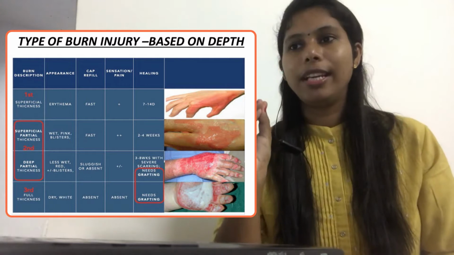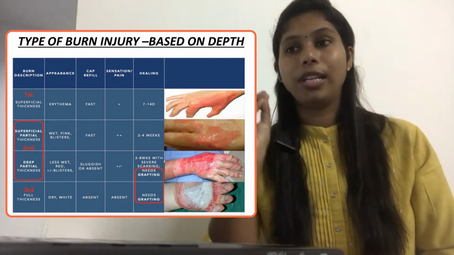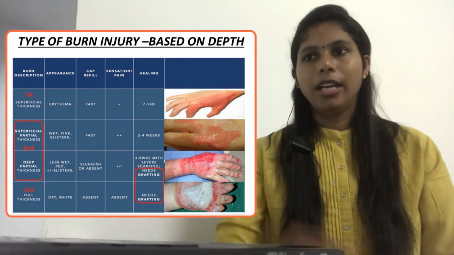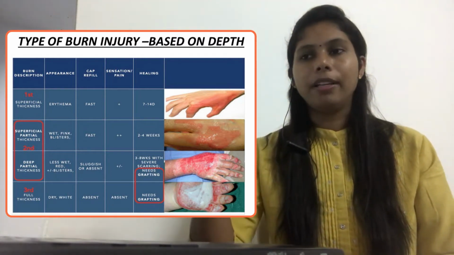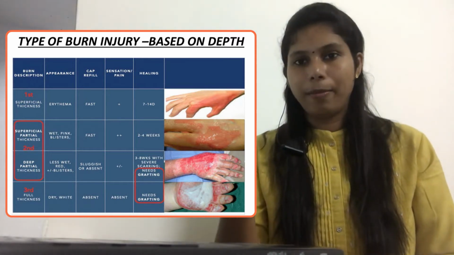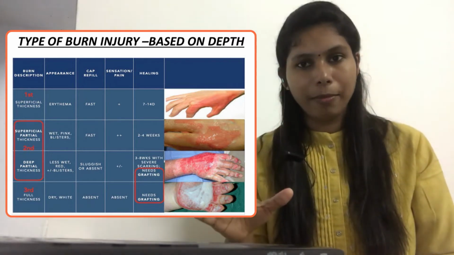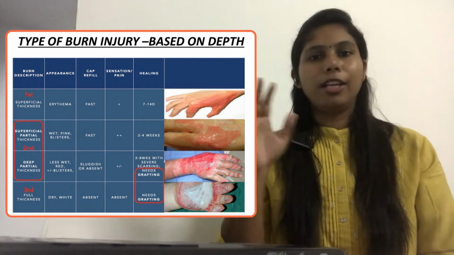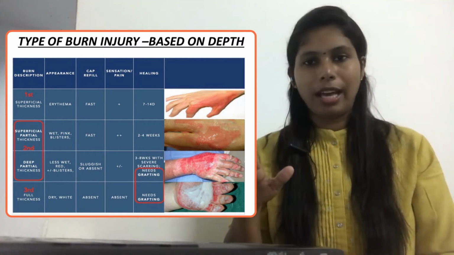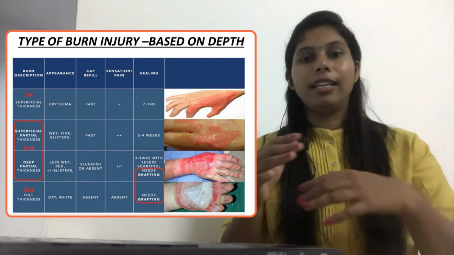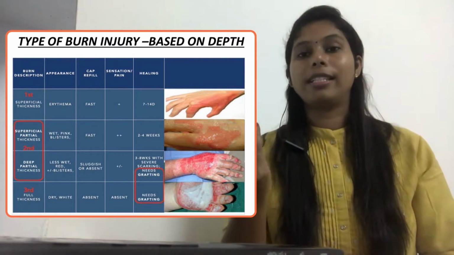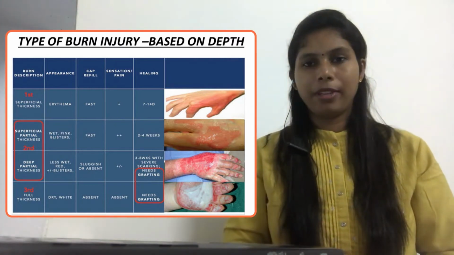What is the first degree or superficial thickness burn? How does it appear? Usually it appears pink to red, and there is erythema and mild edema, no blister, no scarring, and it is a little bit tender. In the picture you can see, for example, sunburn.